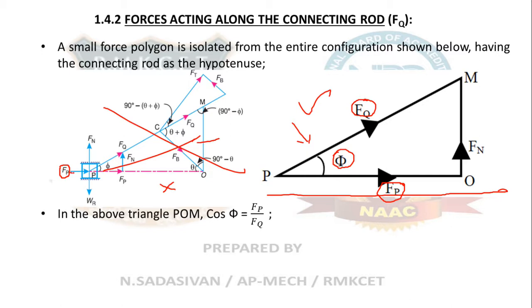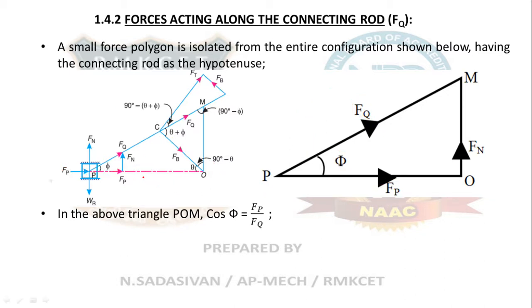This piston effort is in this direction, because the resultant motion is the downward motion of the piston. That is your power stroke. That's how you get a horizontal arrow mark for Fp. Fp is a horizontal line because your piston is moving in this direction. Resultant motion of the piston is always downward during the power stroke, or rightward in case of a horizontal engine, oriented in this direction. So that is how I get Fp along this direction.